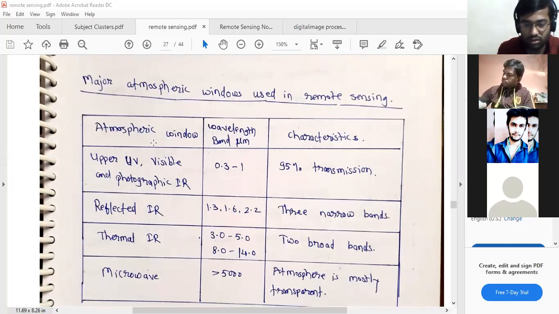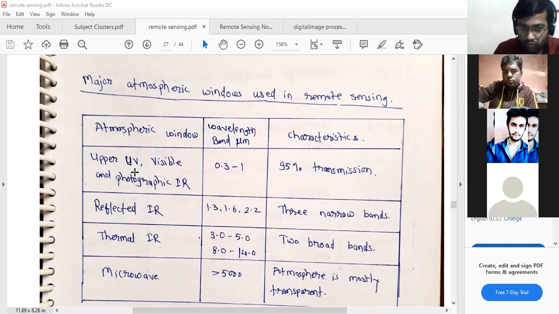Then I told you about the atmospheric windows. Here is the table of some important atmospheric windows. Many times you will find your objective question based on this. For example, which one of the following is a correct atmospheric window for the reflected infrared region, or thermal IR region? You need to remember all these values.